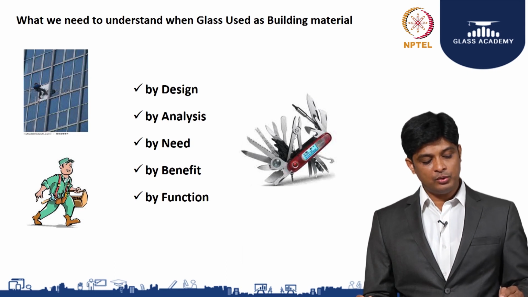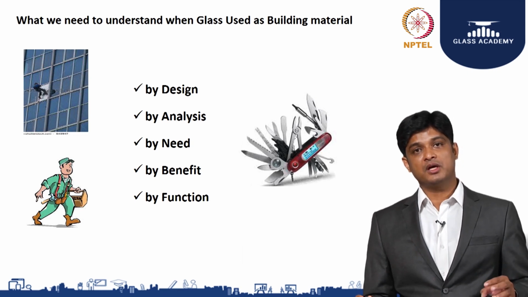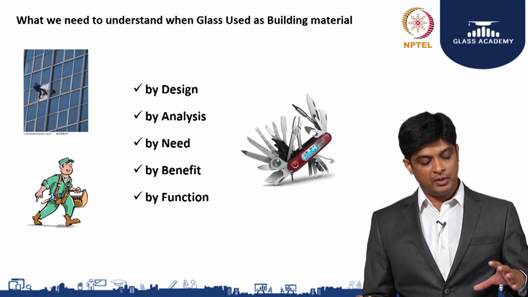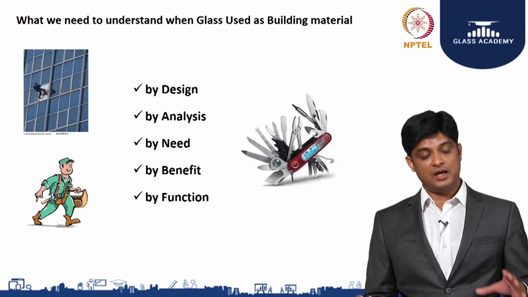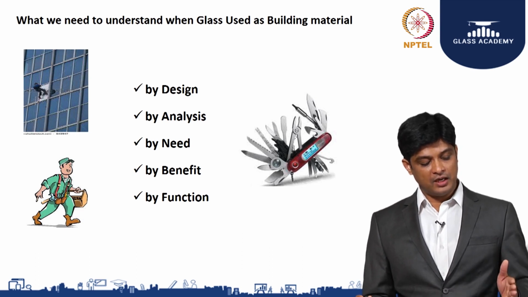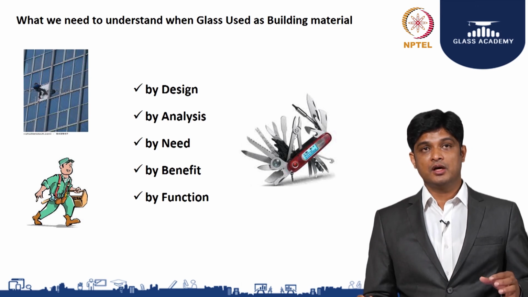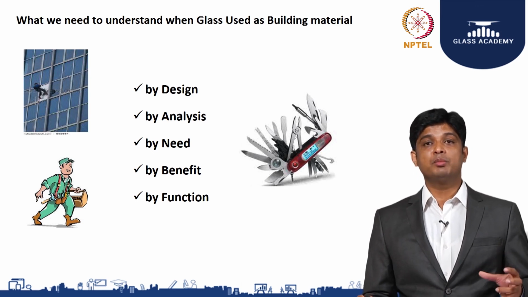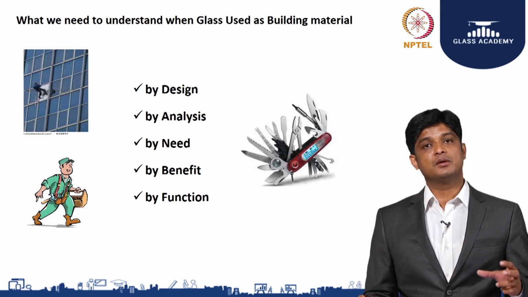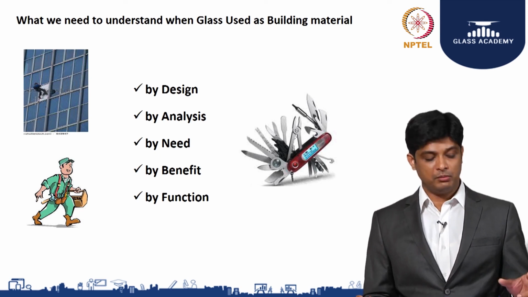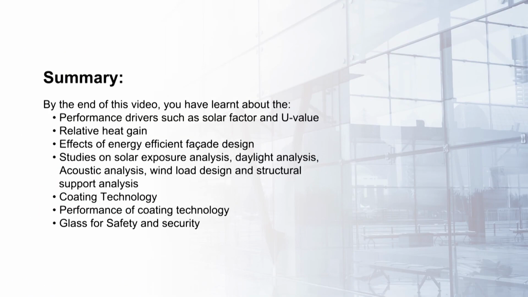Unless I incorporate all this in the basic process of glass selection, starting from design, analysis, need, benefit and function, glass cannot be utilized as an effective envelope or effective building material. With this session, we will understand glass, and how to design glass as a building material.